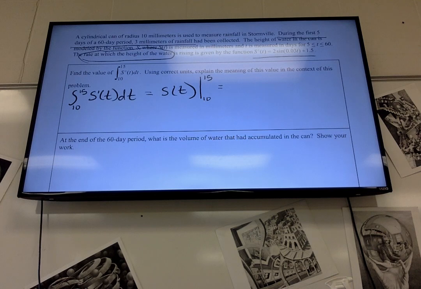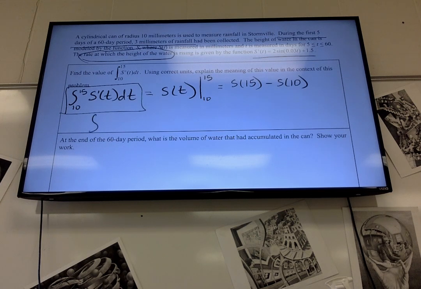So this is going to be S of 15 minus S of 10, which actually we're just going to plug into our calculator.